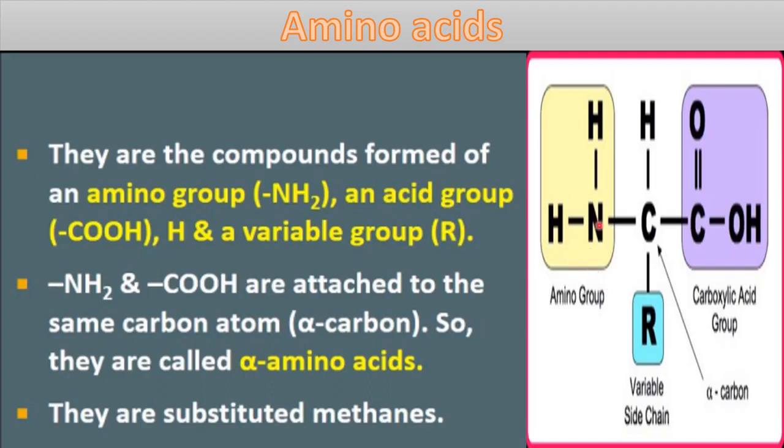Now those H have been substituted by an amino group, a carboxyl group, or a variable group, and it has become an amino acid. That's why amino acids are called substituted methane: the groups present in methane have been substituted by other groups, and the structure has become an amino acid.